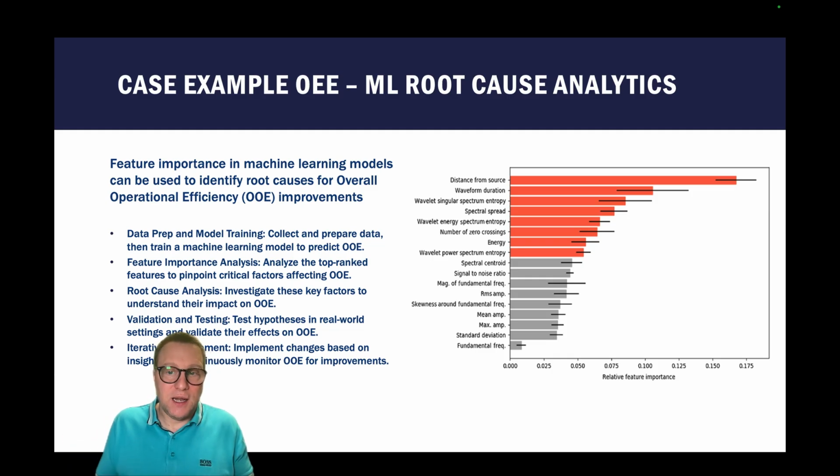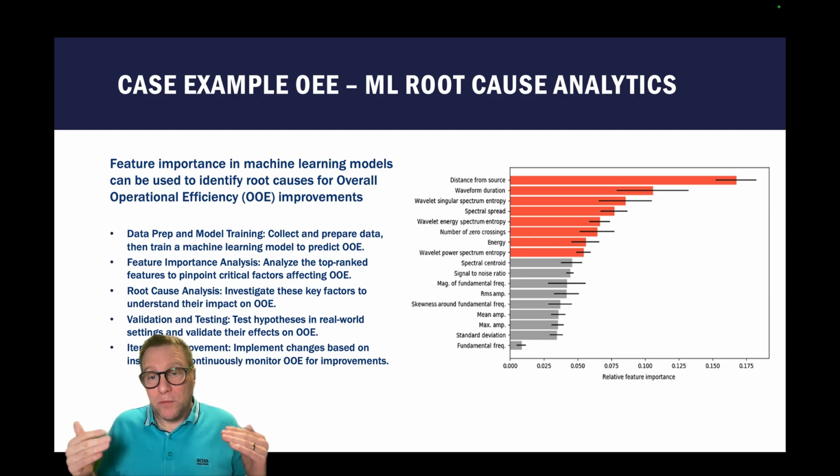You cannot analyze a full OEE cycle in one shot. It's an iterative approach, but a wonderful one, and typically people like to do the analytics together with process or engineering experts on the machine itself.